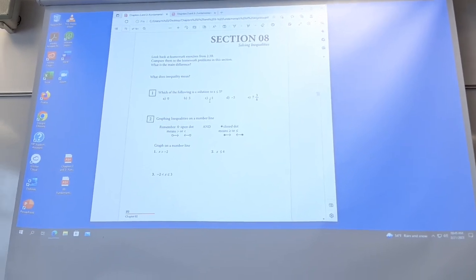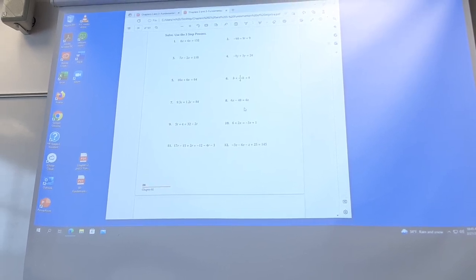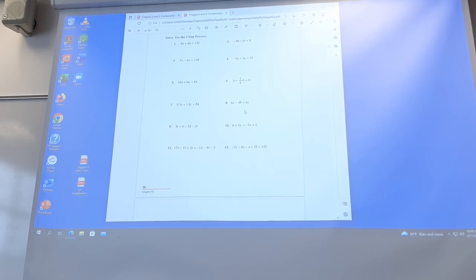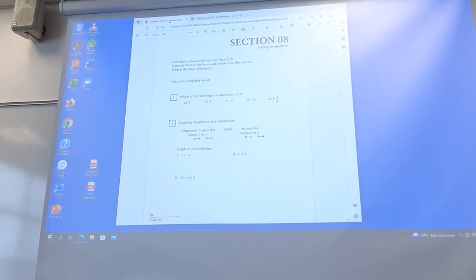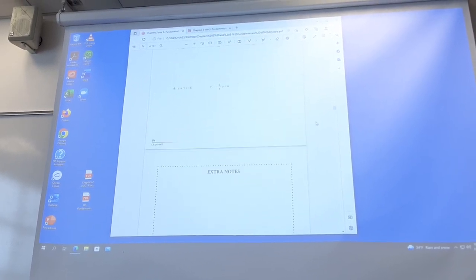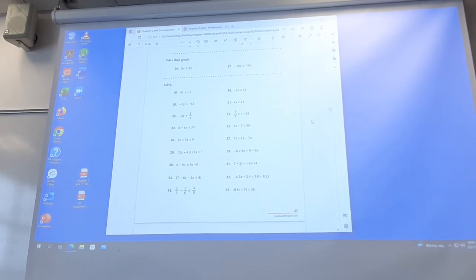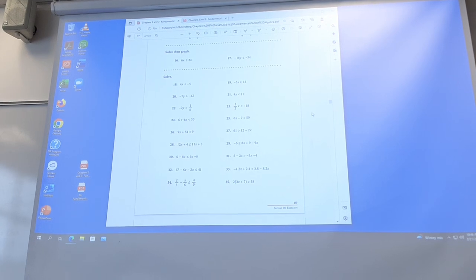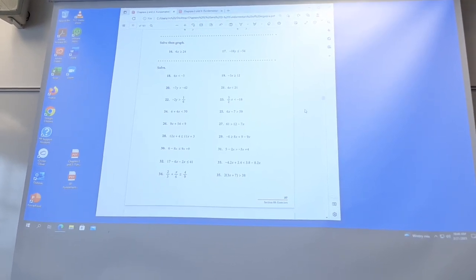I want you to look at all those problems on page 206. Then go forward and look at tonight's homework, the second page, page 257, and look at all those problems. I want you to compare and contrast them.